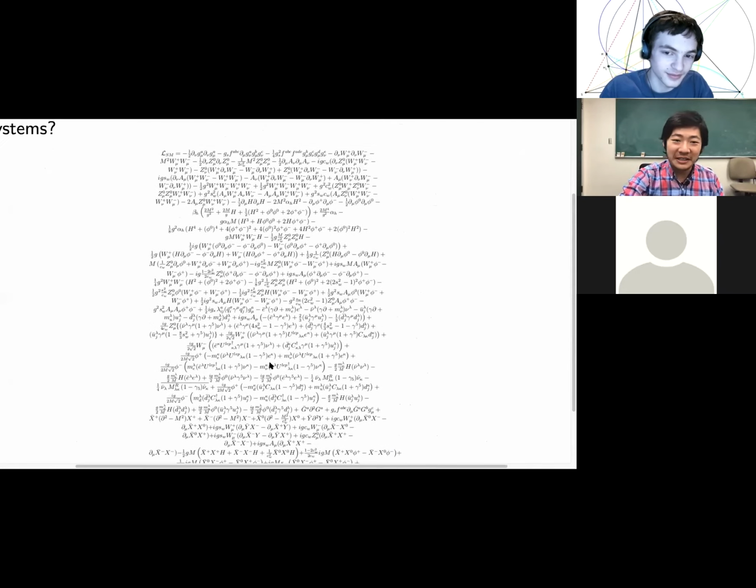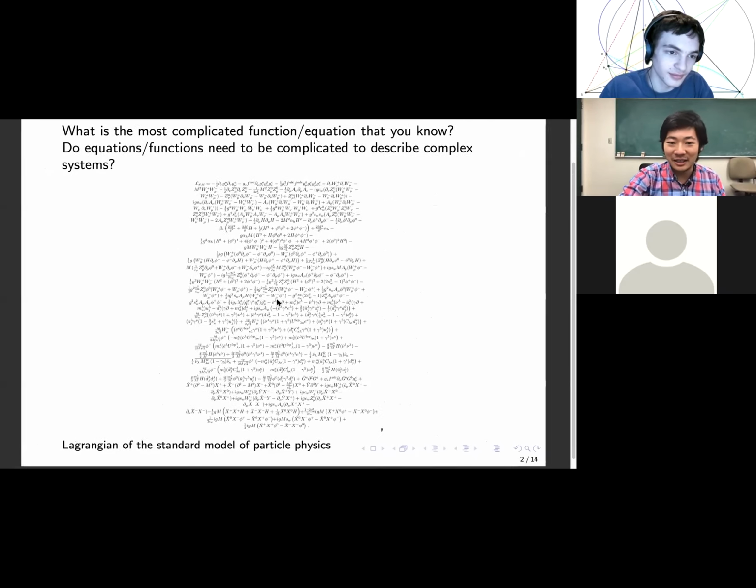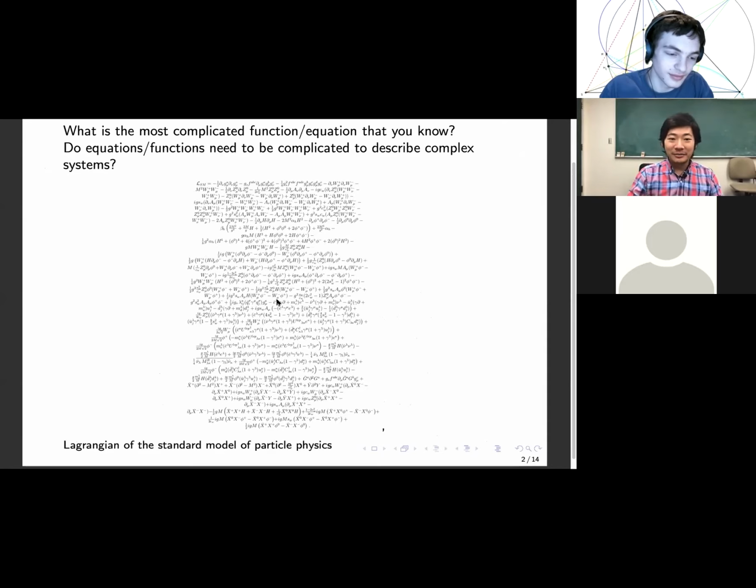This is not what we will talk about today, but somehow everything that we know about in the standard model of particle physics is contained in this expression. All the 4 fundamental forces and the blah, blah, blahs. So it's quite complicated.